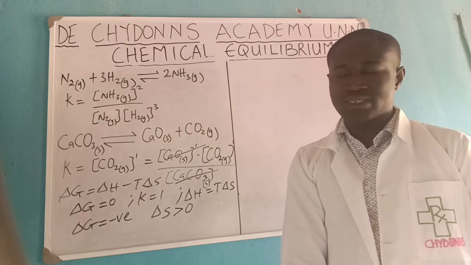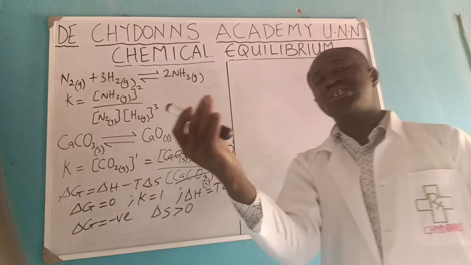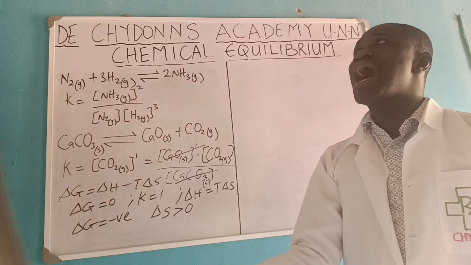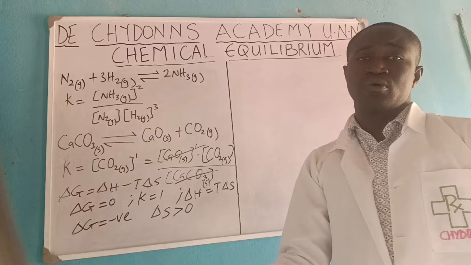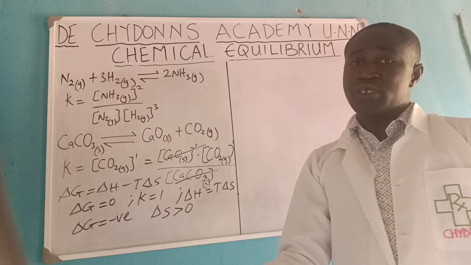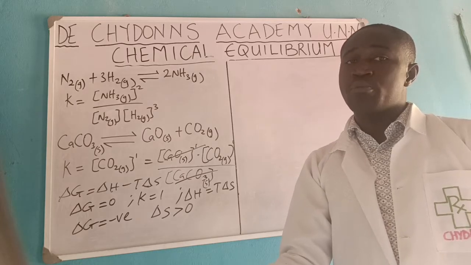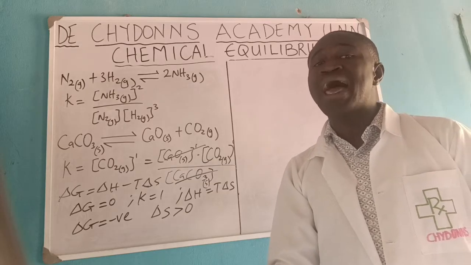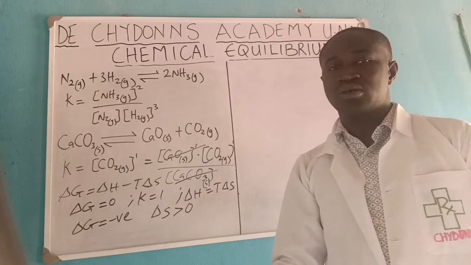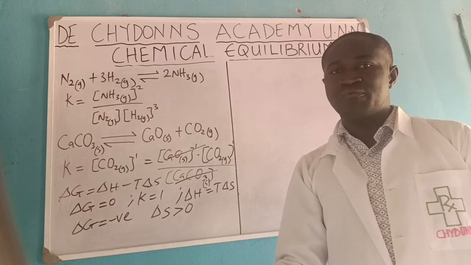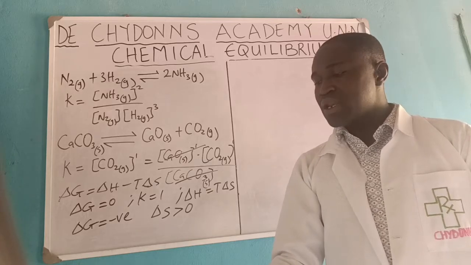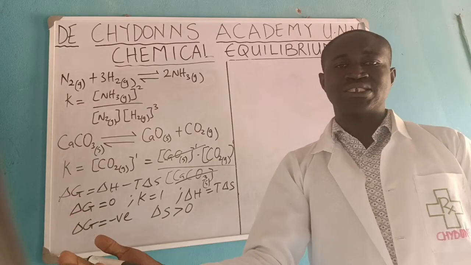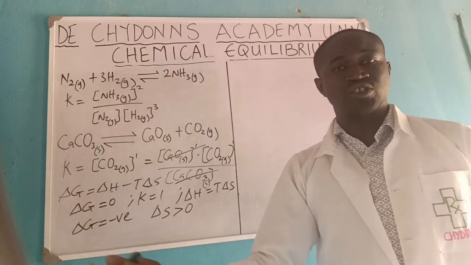Are you getting it? But what if I keep this marker down? If I keep it down and I want it to go up, if I remove my hand from this marker now, do you think it will go up? No. It can only go up when I apply energy to it. And you know what work means? Force times distance. When a force moves an object through a certain distance, we say work is done.